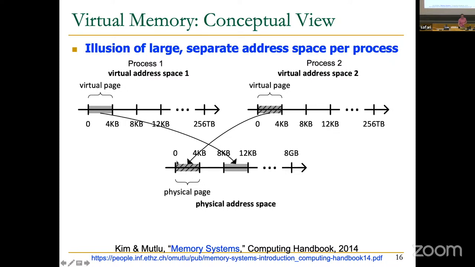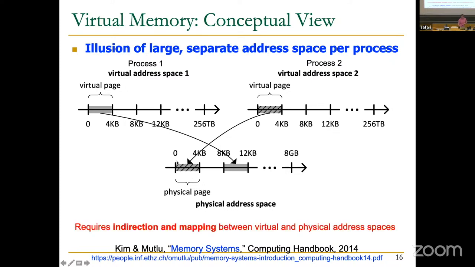So somebody needs to manage this clearly, okay? So that's what the indirection mapping means. You have a virtual address in your program. By some indirection mechanism, you indirectly access physical address space, and that indirection is enabled by mapping of the virtual page number to the physical page number through some lookup table that we will call the page table, okay?